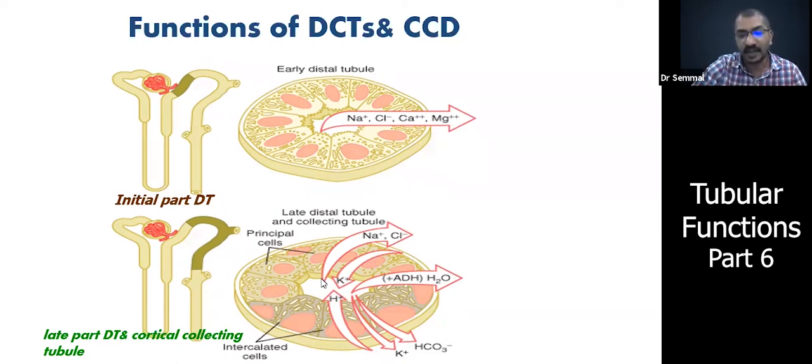Then sodium and chloride will go out of the lumen into the interstitium. So these are the principal cells. So this is the part: distal convoluted tubule, cortical collecting duct. Sodium, chloride, calcium, magnesium, all that your body wants is taken. What your body does not want is given out.